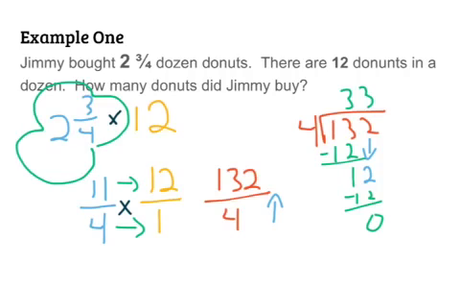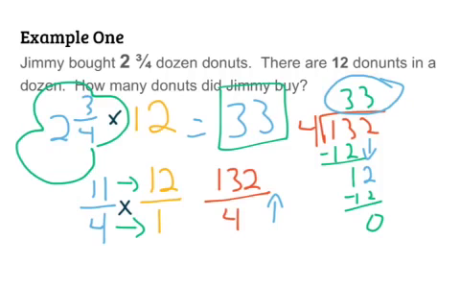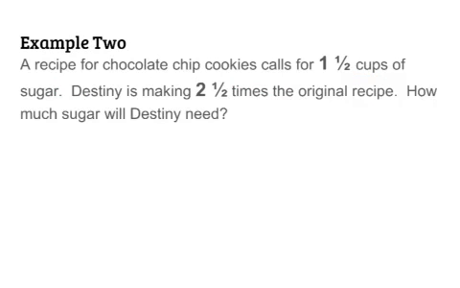So what we have here is 33 donuts. So again, our answer is 33 donuts. That is 2 3/4 dozen donuts. It's 33.